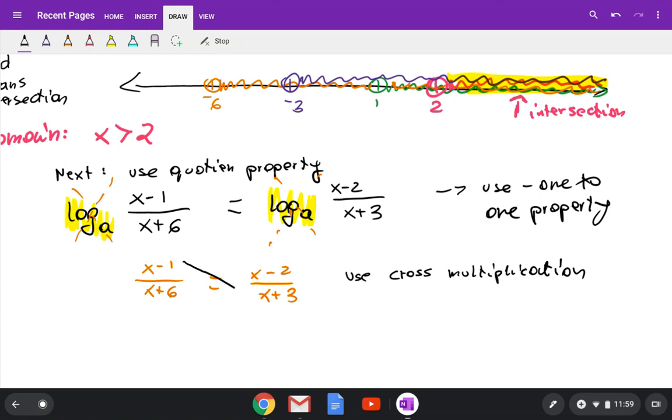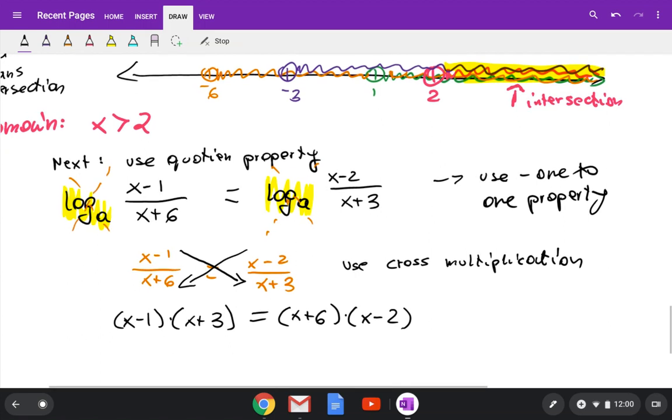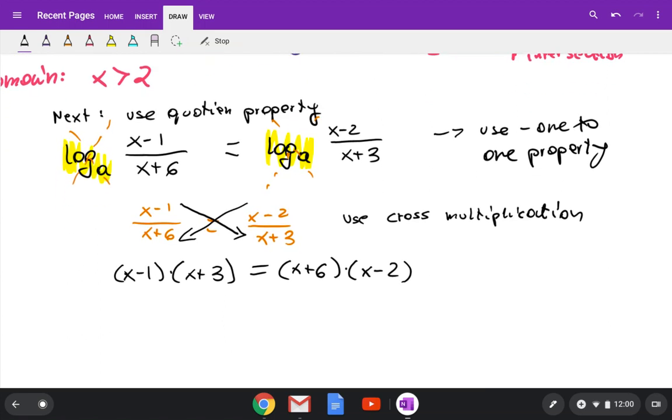So we multiply across. x minus 1 times x plus 3 needs to be the same as x plus 6 times x minus 2. So we use cross multiplication. Next, we're going to FOIL the left side and FOIL the right side.